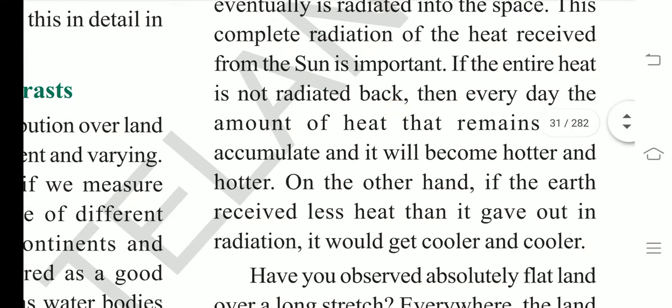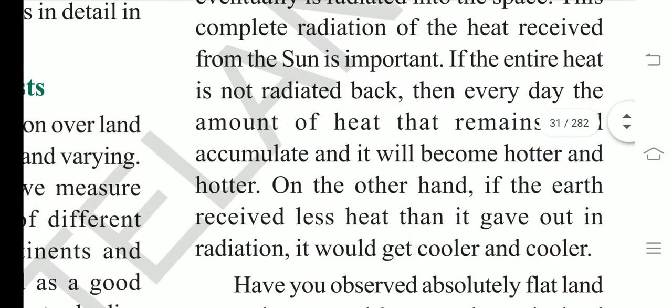The amount of energy received by Earth in excess is radiated into space and air. After Earth becomes warm, the excessive heat is reflected into the air and space.